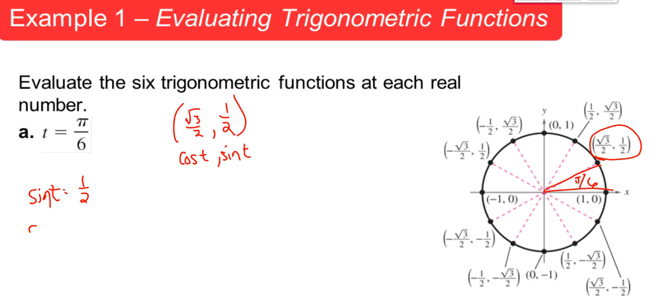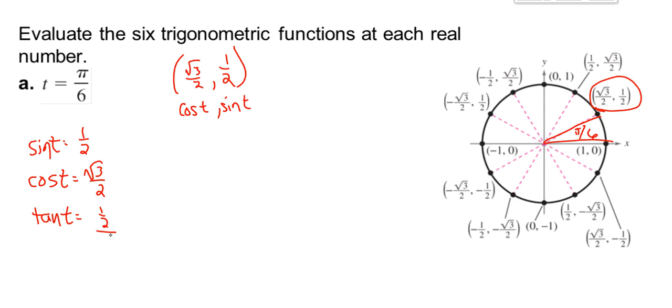Cosine of t is the square root of 3 over 2, and then tangent t is sine over cosine, so that is 1/2 over the square root of 3 over 2, and then we're going to invert and multiply: 1/2 times 2 over the square root of 3. Notice those 2's cancel.